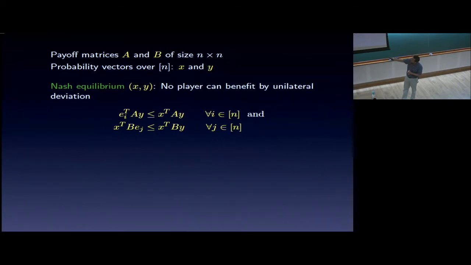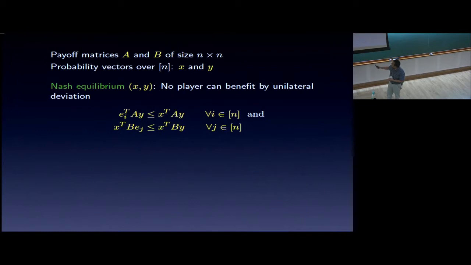So this X transpose AY is just a term by term product which says that if the first player picks one of the rows based on distribution X, and the second player picks one of its actions, i.e. one of the columns based on distribution Y, this is the expected payoff of the first player. Analogously, this term here on the right, X transpose BY, is the expected payoff of the second player, B being the payoff matrix of the second player.